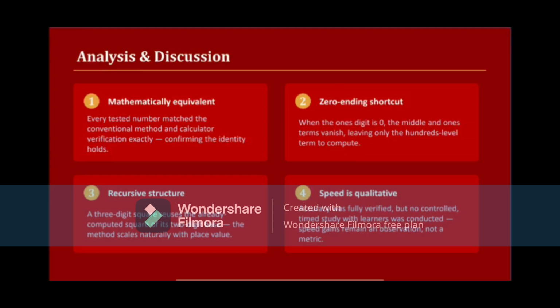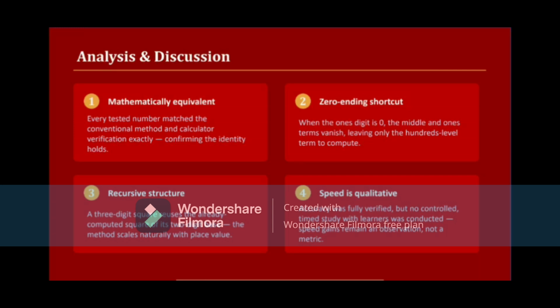So, for the analysis and discussion, first is mathematical equivalence, meaning every tested number matched the conventional method and calculator verification exactly, thus confirming the identity holds. Second, the zero-ending shortcut. When the ones digit is zero, the middle and ones terms vanish, leaving only the hundreds-level term to compute.